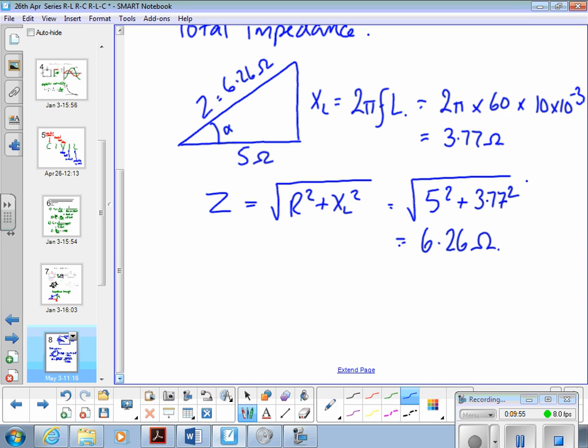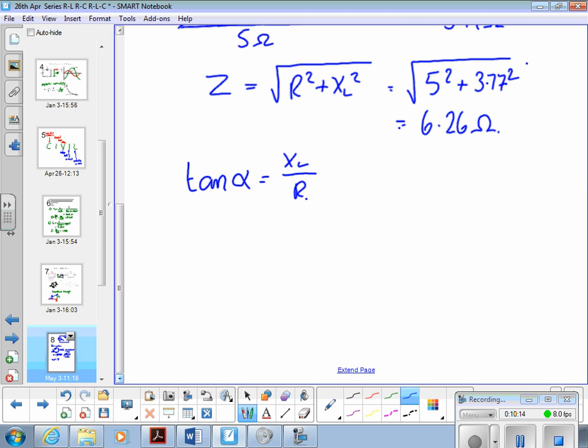Tan of the angle is equal to XL over R. So what's alpha equal to? Therefore, alpha equals tan to the minus 1 of XL over R.